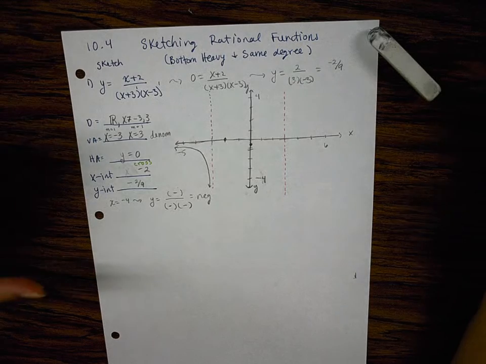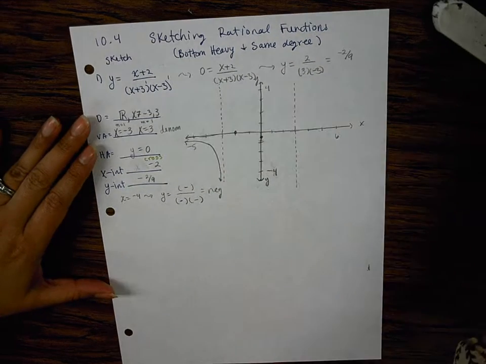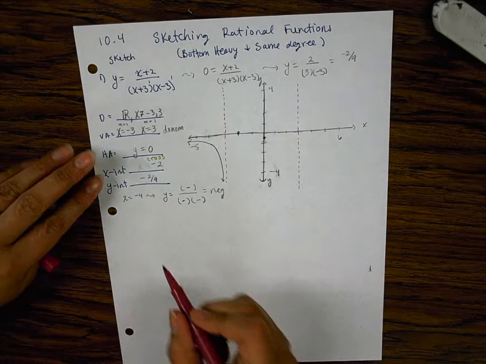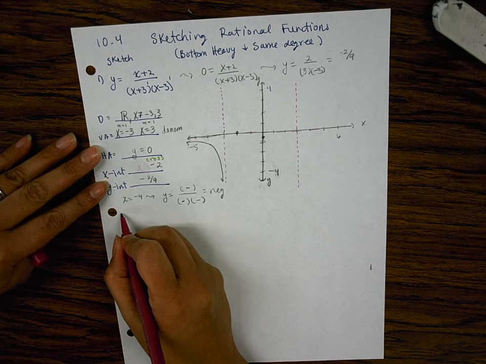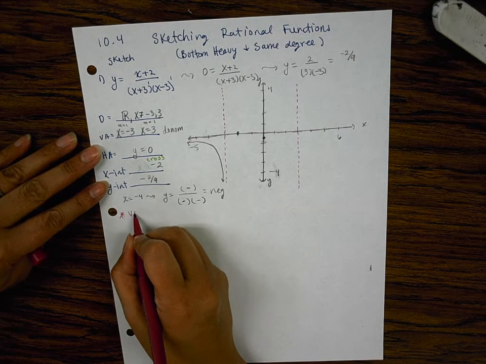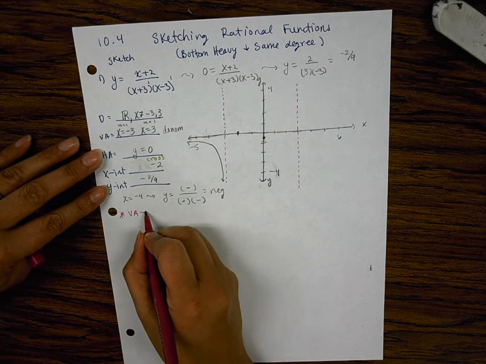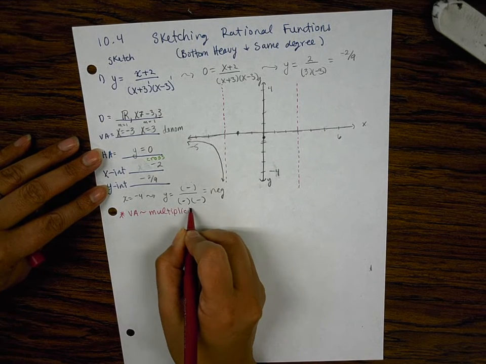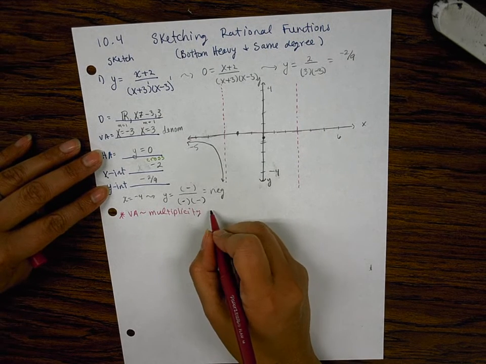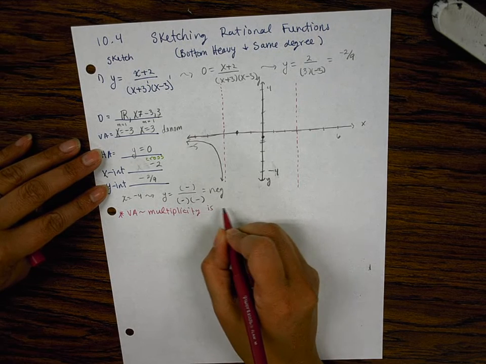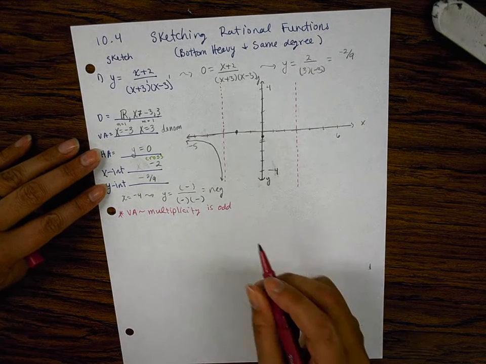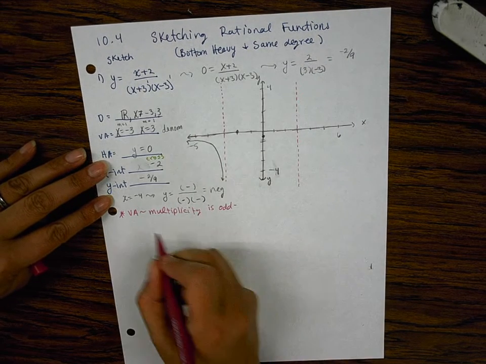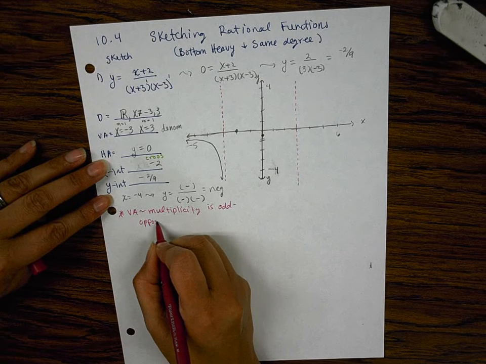Okay, this next piece is a little tricky, so I'm going to write down what your vertical asymptotes do for you. Vertical asymptotes. If the multiplicity is odd, it's going in opposite directions.